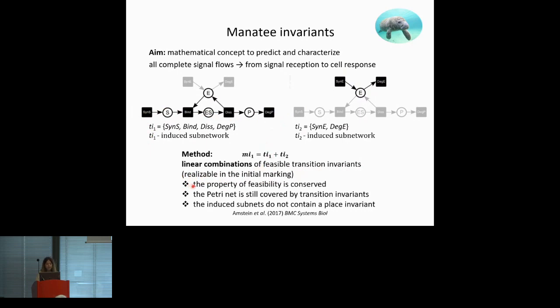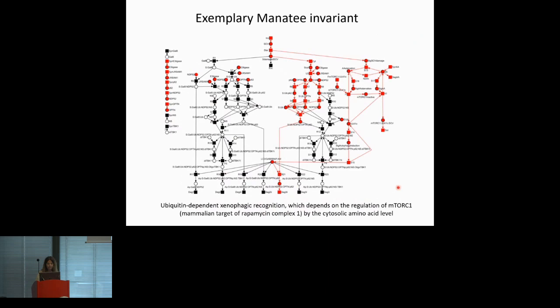And we have some conditions, so the property of feasibility has to be conserved. The Petri net should still be covered by transition invariants, and importantly, the induced subnets of the Manatee invariant do not contain a place invariant anymore.